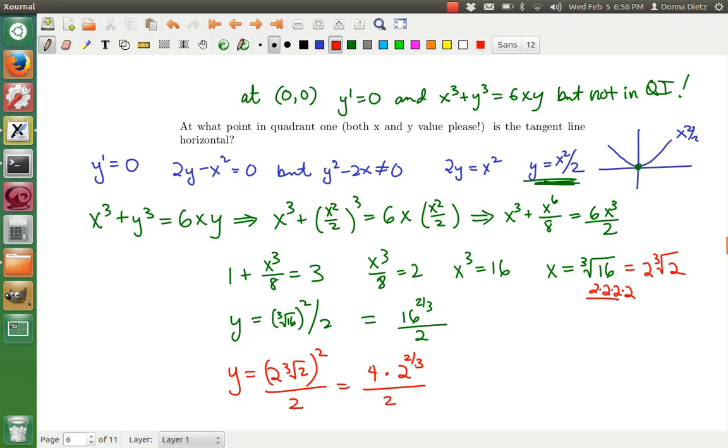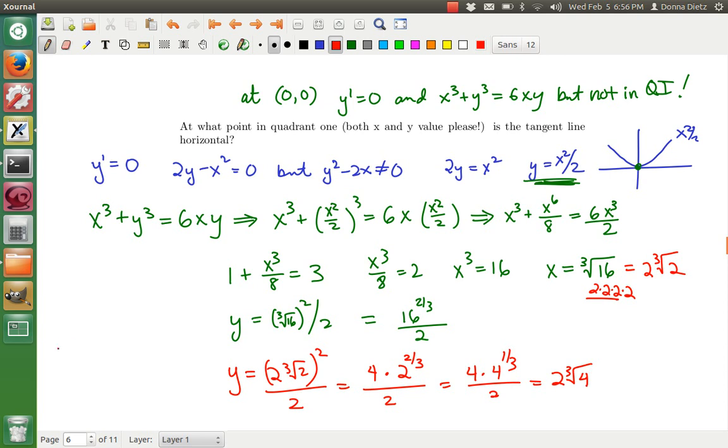Well, what good does that do? Well, it's 4 times 4 to the 1/3. What good does that do? Well, a little bit of good. 2 times 3rd root of 4. So it just looks a little nicer.